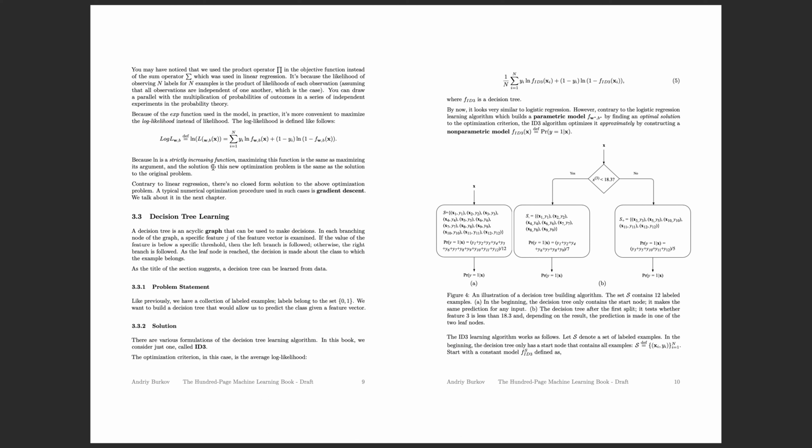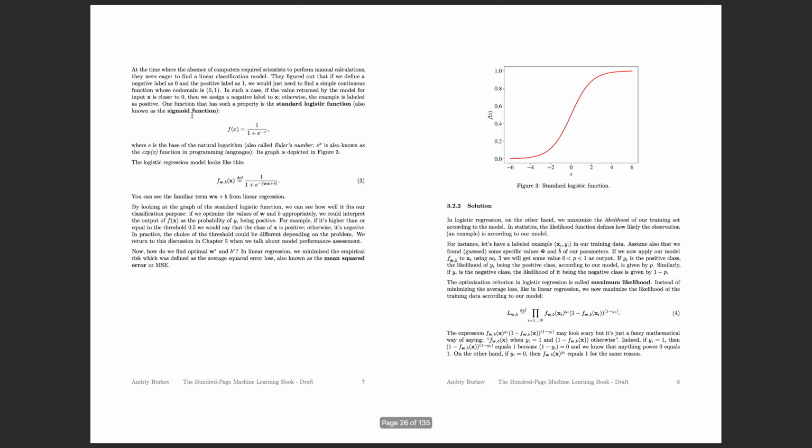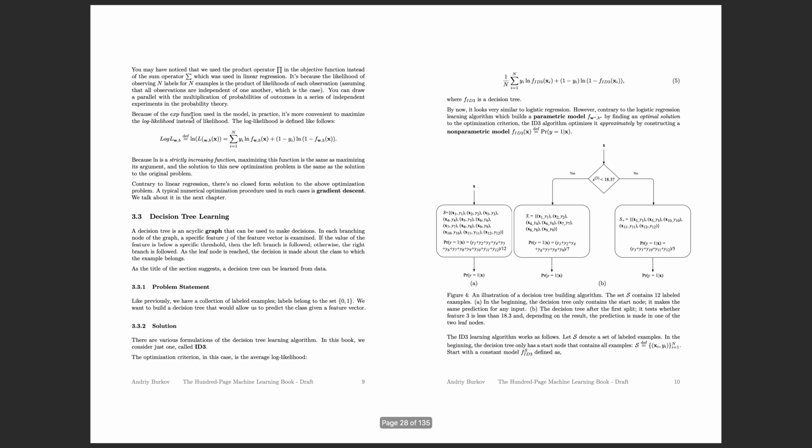And we will be taking the log of likelihood. The reason we are doing that is because if you can see the linear regression curve, it is always increasing, right?